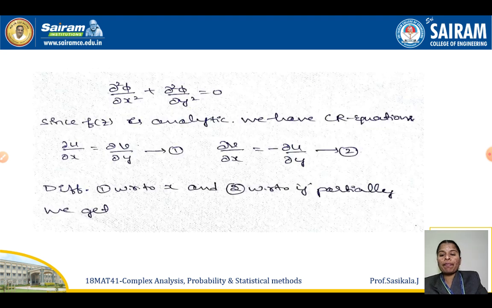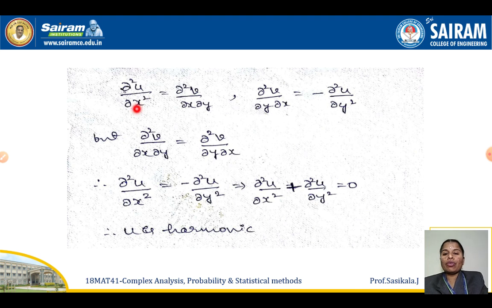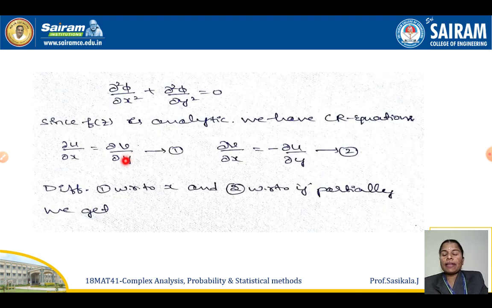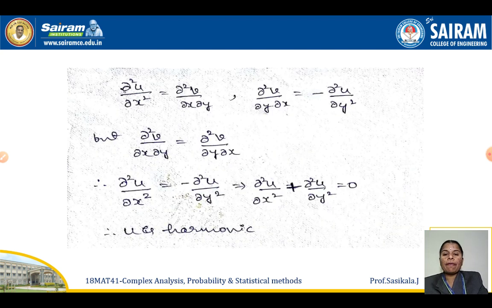So dou by dou x of dou u by dou x gives dou squared u by dou x squared. On the right side, dou by dou x of dou v by dou y gives dou squared v by dou x dou y.